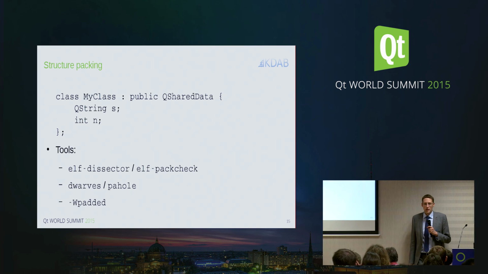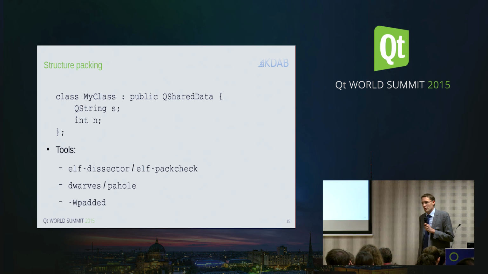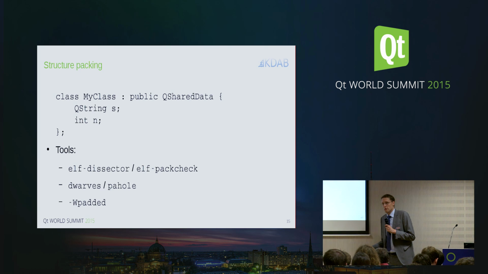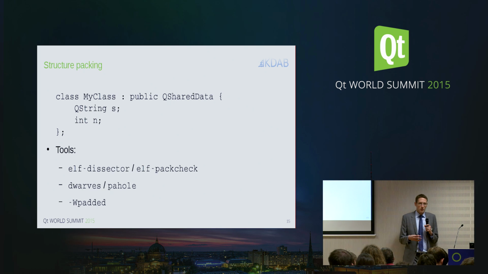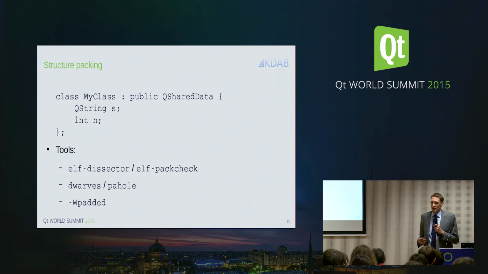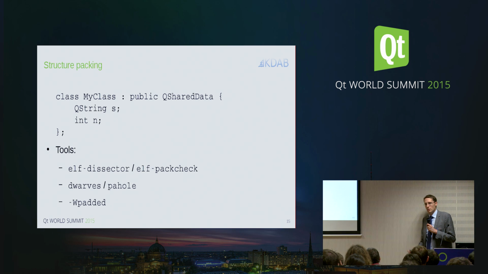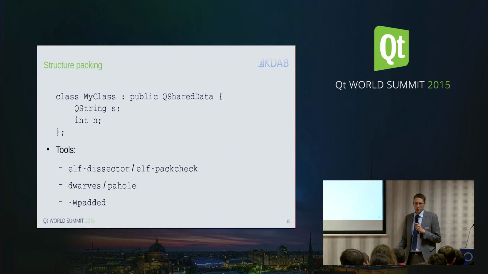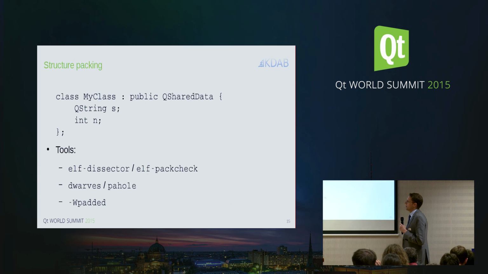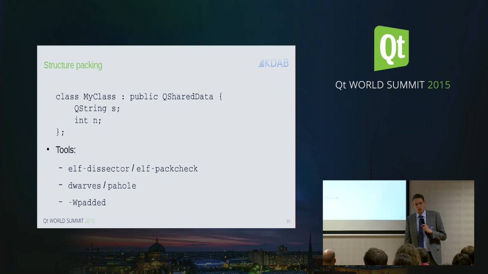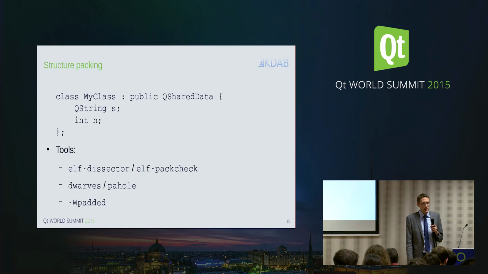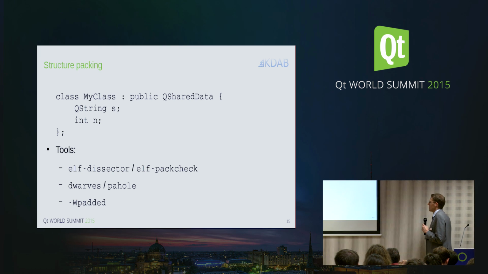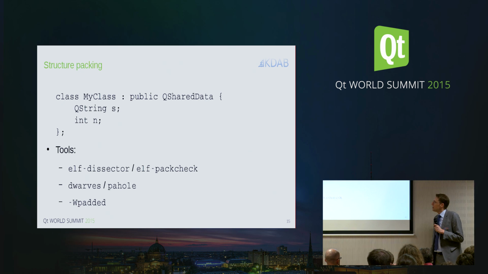Another thing is the memory layout of structures. And you probably know the rule of thumb to order your member variables by alignment in order to avoid gaps in between. I mean, this is true in general, but if you look at slightly more complex C++ structures, like the example above here, it's not that simple.